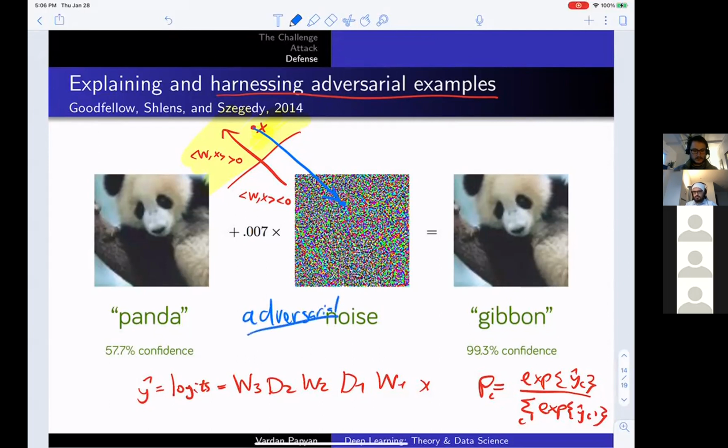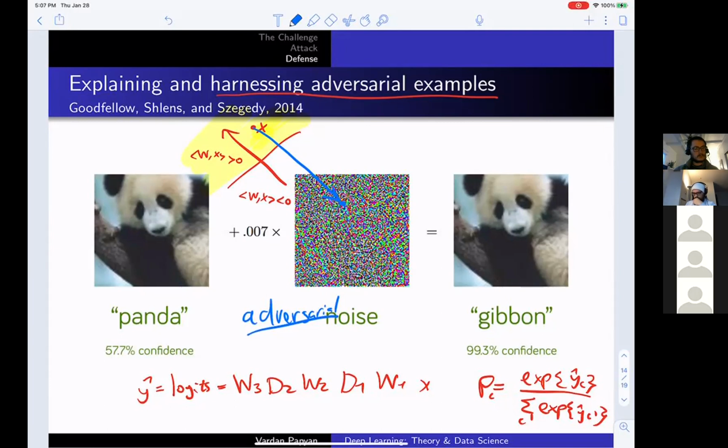It's not white noise. Okay, but I'm asking: if this network is efficient, when we have a picture of a panda, it classifies it with this small confidence level. But when we add noise with a small coefficient, it classifies it as another animal with a high level of confidence.